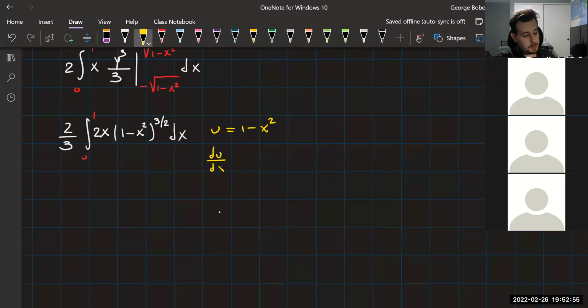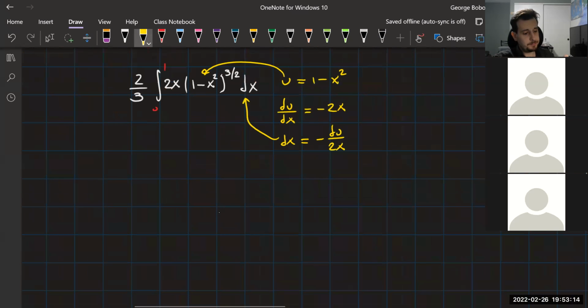I'd take the derivative. I notice the derivative is sitting outside right now, but I would get this minus 2x for that. I'd replace the dx with negative du over 2x. Here they come. This goes here, that goes here.